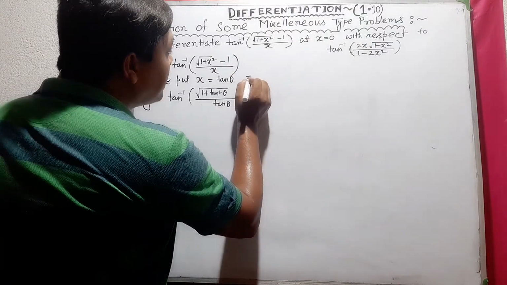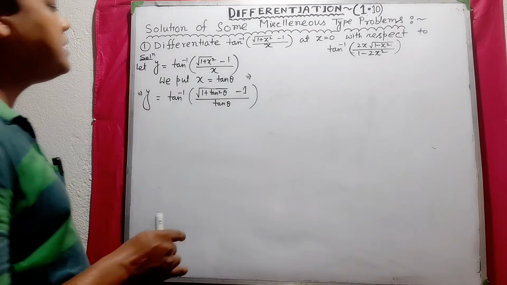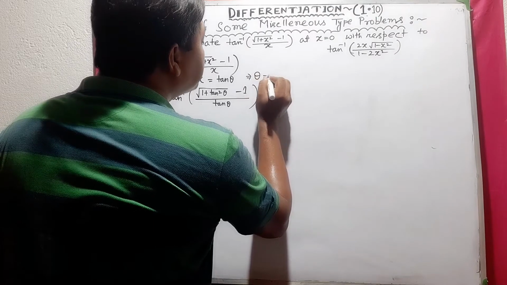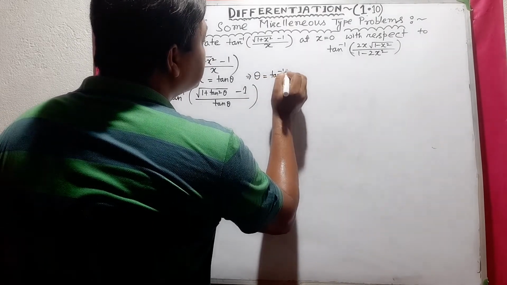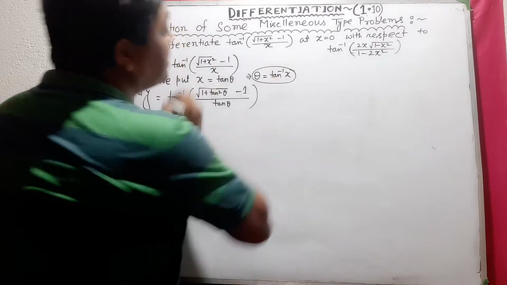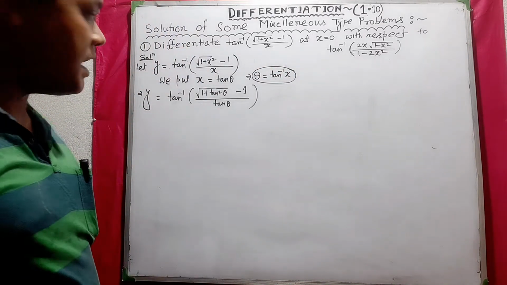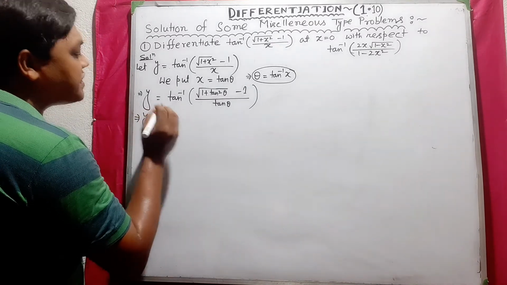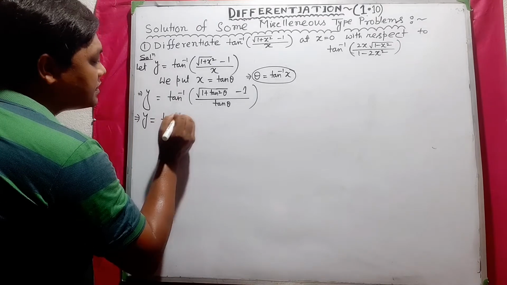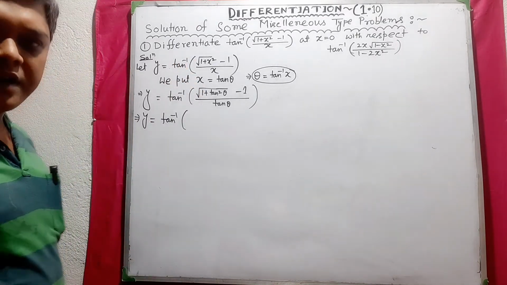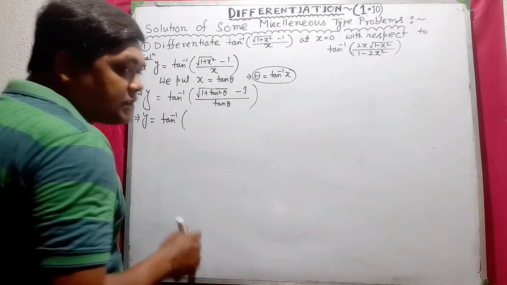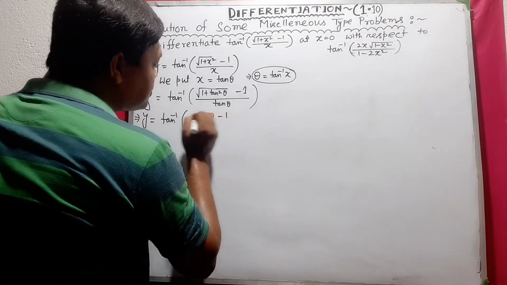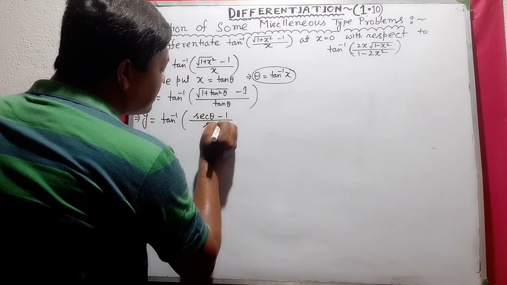And from here the relation between x and theta is that theta equals to tan inverse x. So keep it in your mind. Theta equals to tan inverse x. Now after simplification, tan inverse of square root of 1 plus tan square theta, you know that is sec square theta, and square root of sec square theta gives sec theta, minus 1, by sin theta by cos theta.